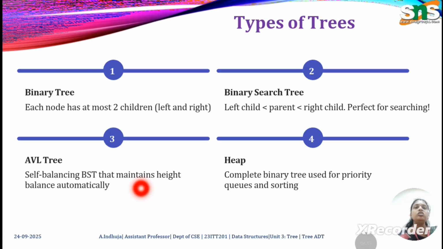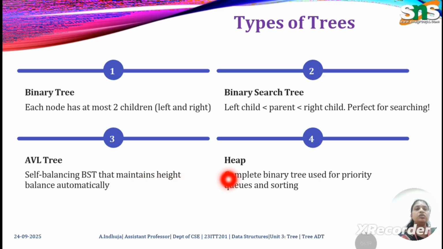To reduce your searching time, you go for the self-balancing binary search tree, that is the AVL tree. Here we perform several rotations to make your tree balanced in height, so your searching becomes easier and cheaper. This is the major objective of the AVL tree.